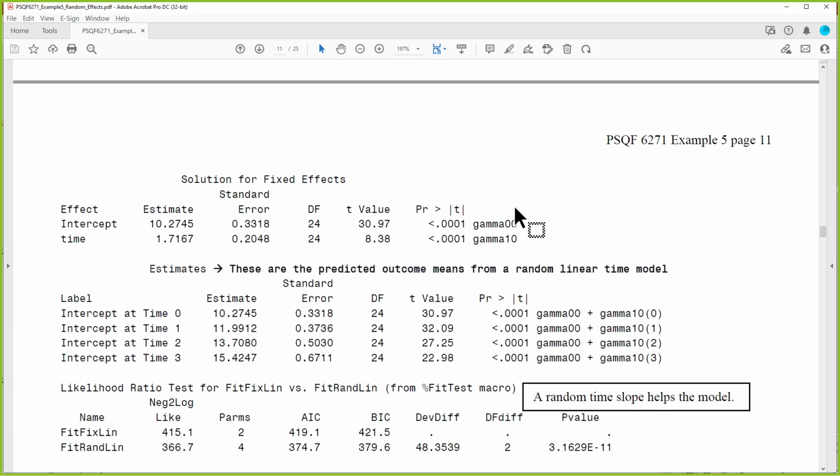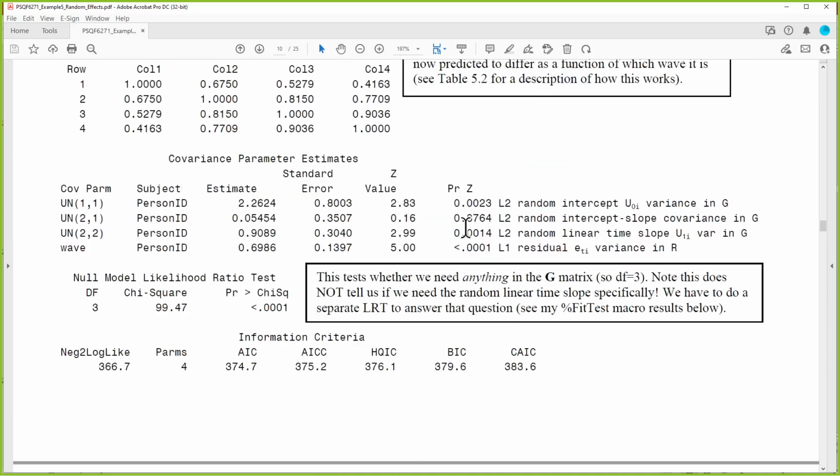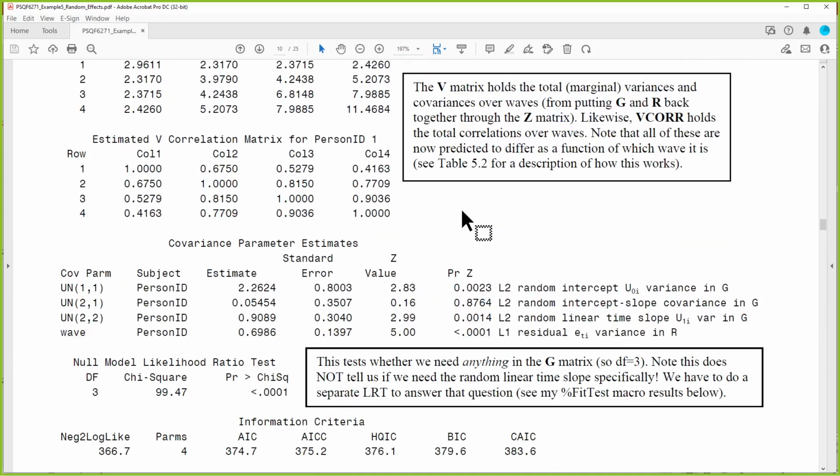I will get into how to test what is known as absolute fit in the next unit, Unit 6, where we talk about nonlinear change. I will have four different types of models fit to the same data, and we'll go through practice doing that. But for now, what we can continue to do is the same idea of adding things and seeing if it helps.